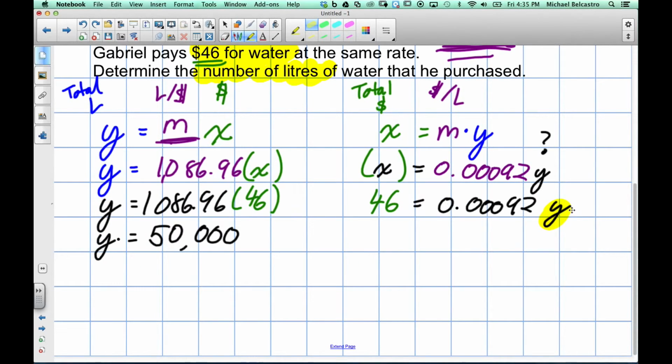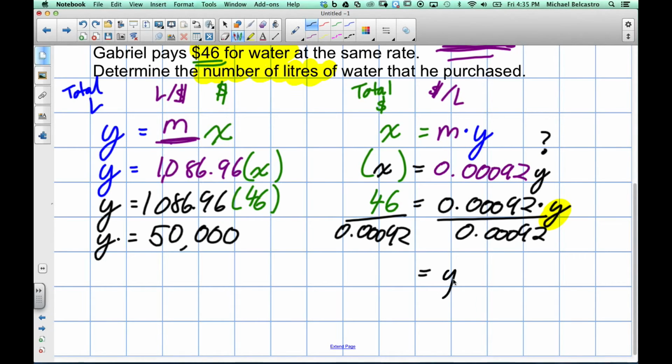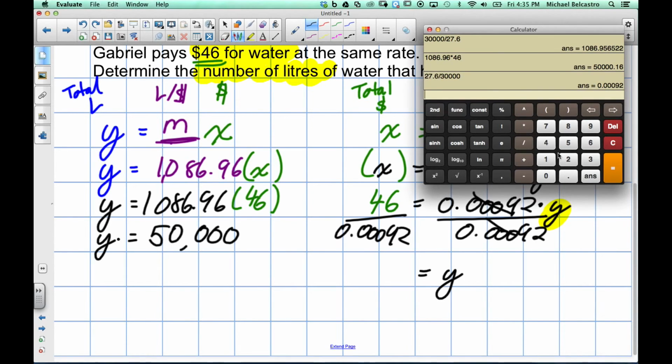Because it's this rate times y, in order to reduce it to 1, we need to divide both sides by that. A lot of times people call this canceling out, but really what we're doing is reducing that value to 1. So we have 1y is equal to 46 divided by this really small decimal, which gives us 50,000.